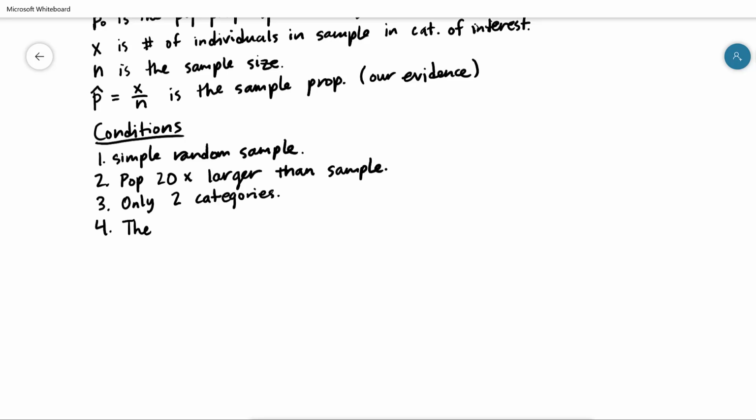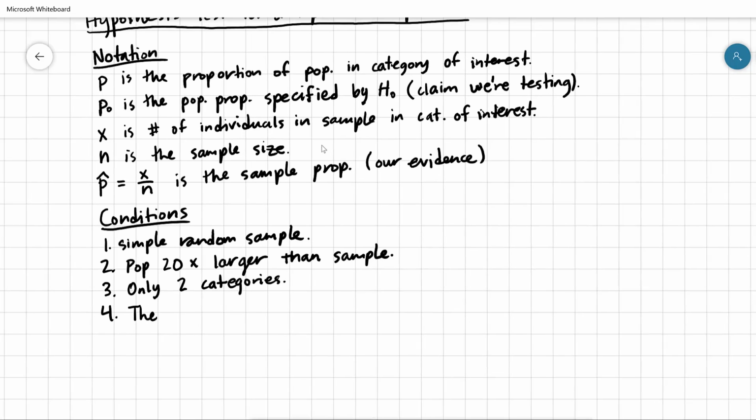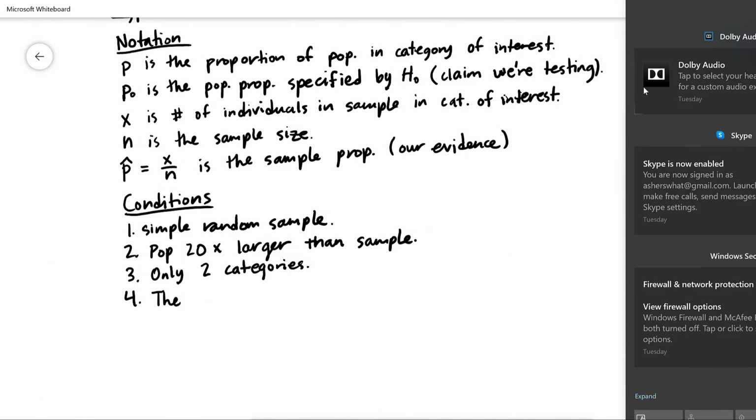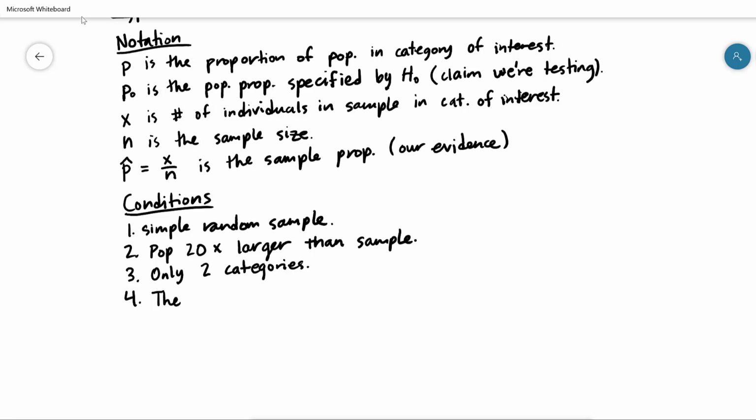The hypothetical values in the claim that's being made, so the values in each category specified by p0 here. So this is the population proportion specified by the null hypothesis. It has to do with whatever claim we're testing the validity of.